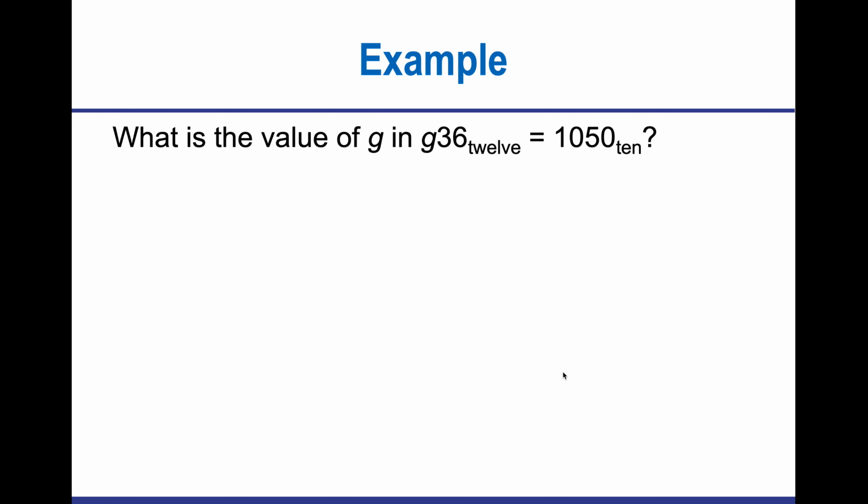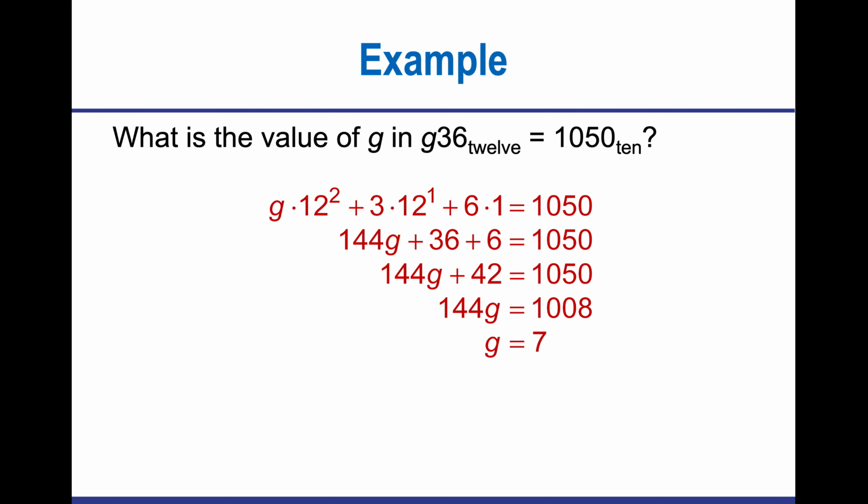So what is the value of G? G36 base 12 goes over to 1050 base 10. So I know if I have G in the hundreds place, that would be 12 squared. 3 times 12 would be the tens place. 6 times 1. So I'm going to simplify that to this statement right here.